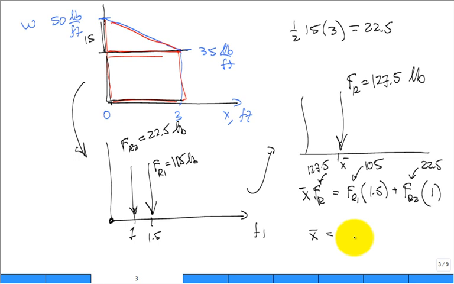If somebody came along and said, I've calculated X bar to be 0.75 foot for this problem, what can you observe about 0.75 compared to 1 and 1.5? It's below the lowest. It's wrong.